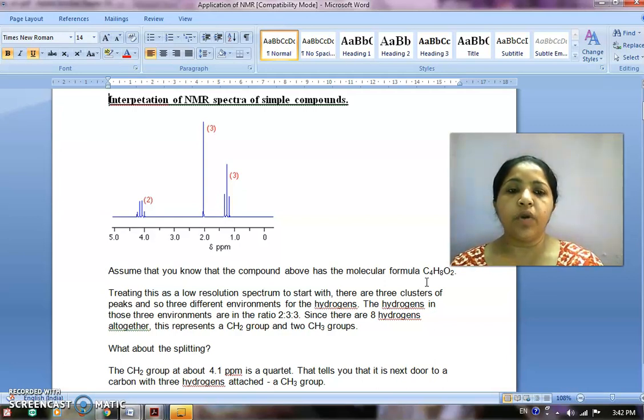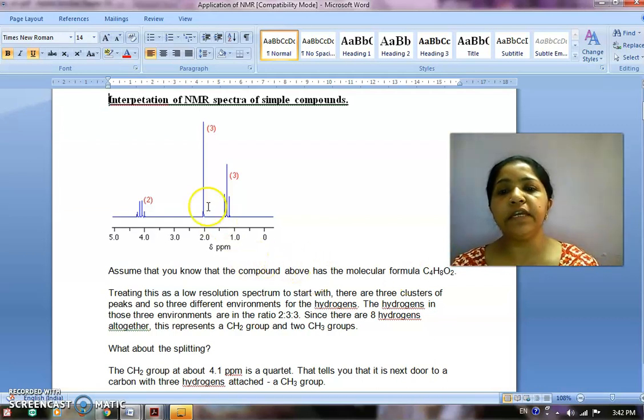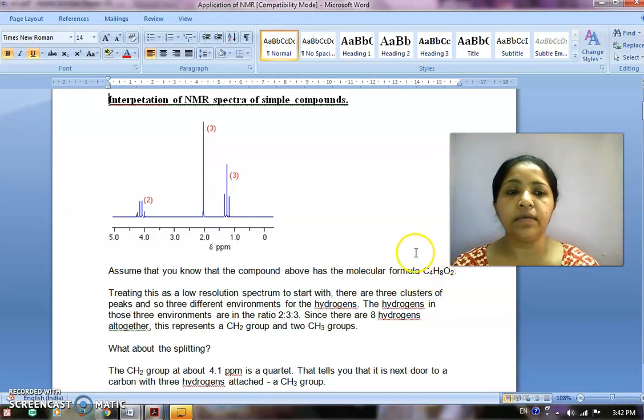If it is bonded to oxygen, what we have is 3 hydrogens and it does not have any kind of splitting, because it does not have any nuclei to split it. Next, if we have COO, meaning there are 2 oxygens, C double bond O, single bond O, COO, CH3. That is one part.